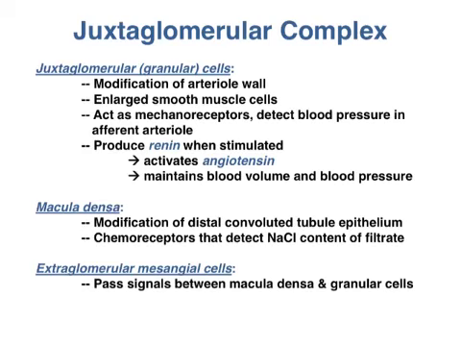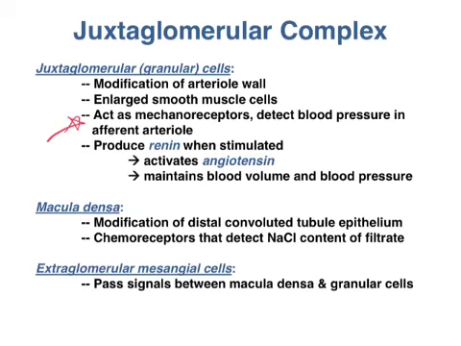So the juxtaglomerular cells contain mechanoreceptors. And what they do is they detect blood pressure in the afferent arteriole. And remember that the main determinant of net filtration pressure is blood pressure in the glomerulus, and the blood pressure in the afferent arteriole is going to affect blood pressure in the glomerulus. So these granular cells can detect changes in that blood pressure.